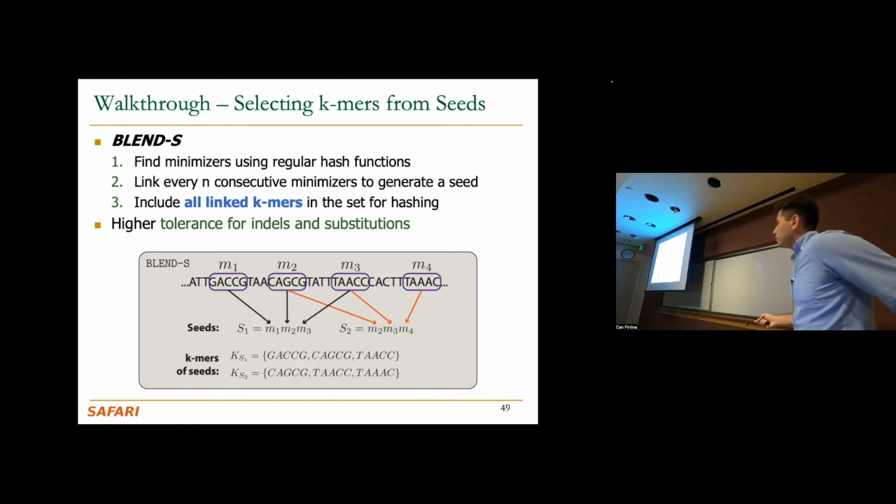This constitutes the items of the seed that we pick with the BLEND-S approach. Whichever approach you pick, either BLEND-S or BLEND-I, we identify the k-mers and include them in the set of k-mers for the seed.